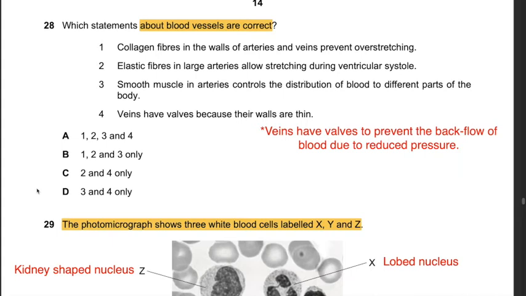Option 4 is obviously incorrect, as veins do not have valves because the walls are thin, but because the pressure inside veins is very low. Hence, in order to prevent the backflow of blood, veins have valves. Therefore, options A, C and D all have option 4 in them, so they are all wrong. The correct answer should be option B, 1, 2 and 3 only.